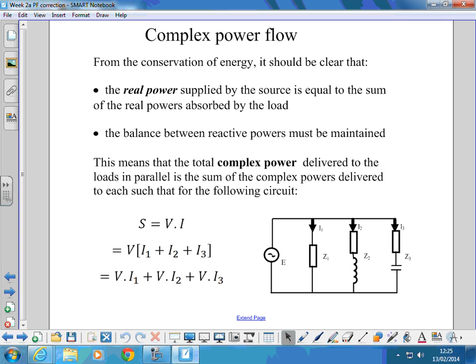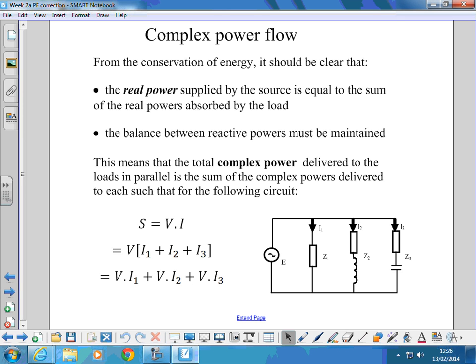For the following circuit, we know that the apparent power S is simply the volts times the current for the whole system, and that's why it's measured in VA. So we can say that is the voltage multiplied by I1 plus I2 plus I3 in brackets, because the total current is all those 3 added together by Kirchhoff's current law.